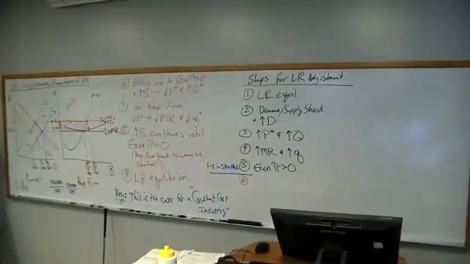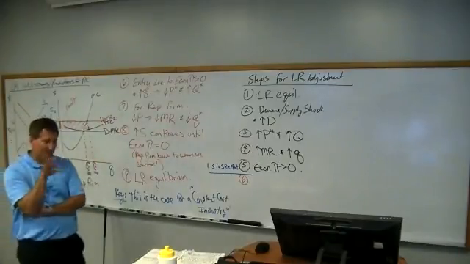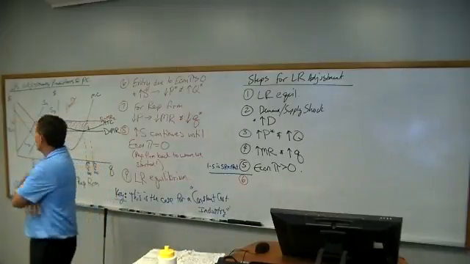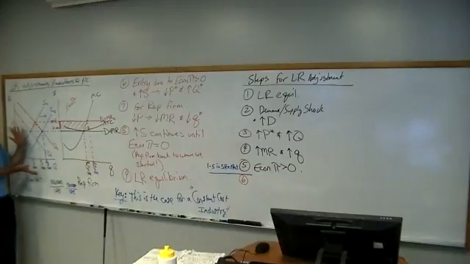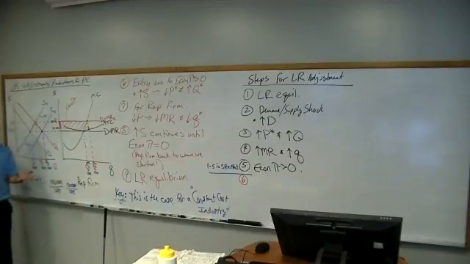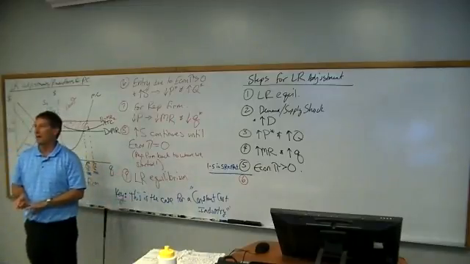So let me give you a little bit different story to kind of back this idea. Costs stayed relatively constant while the market was changing. So in other words, as the market was expanding from Q1 to Q2, costs stayed the same. That's what we mean by a constant cost industry.